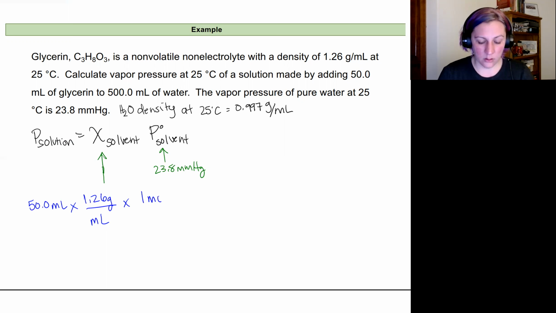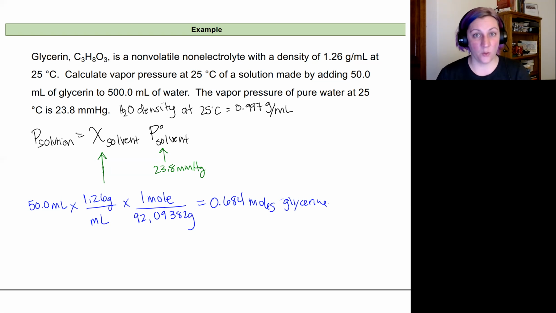So 1 mole over, and I just calculated this off the periodic table for glycerin, which has a chemical formula of C3H8O3. So this will be about 92.09382 grams per mole. And when I plug that in, I get 0.684 moles of my glycerin.